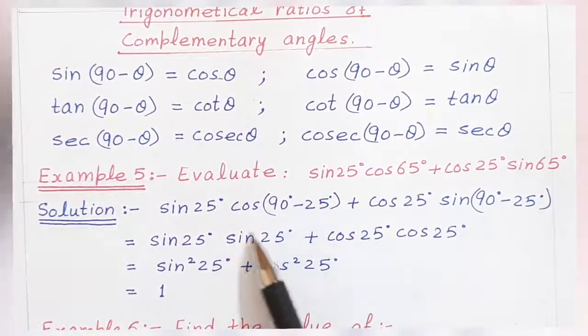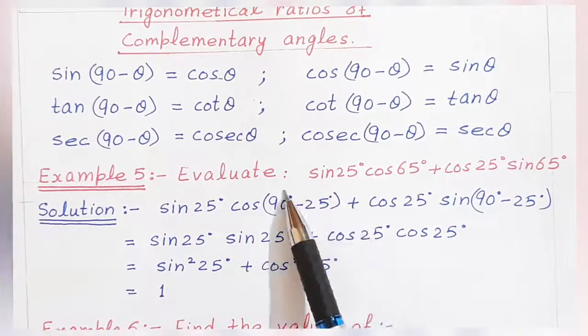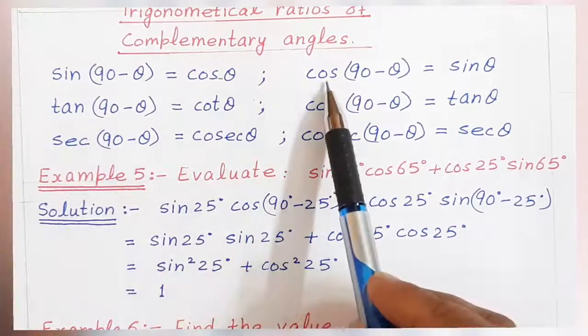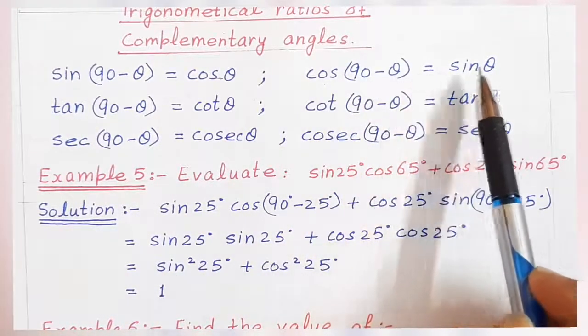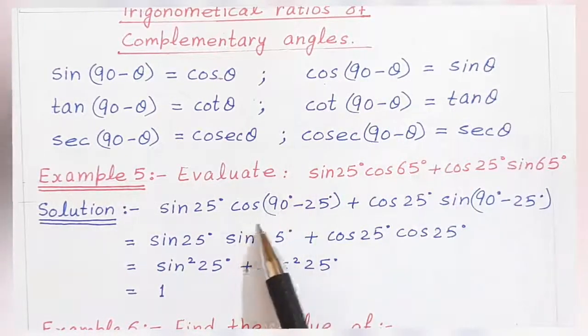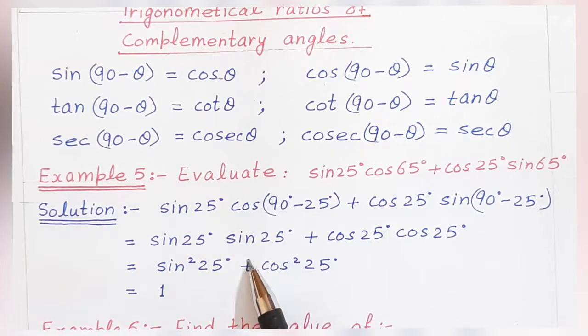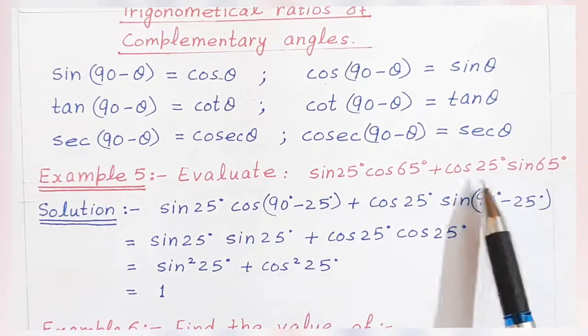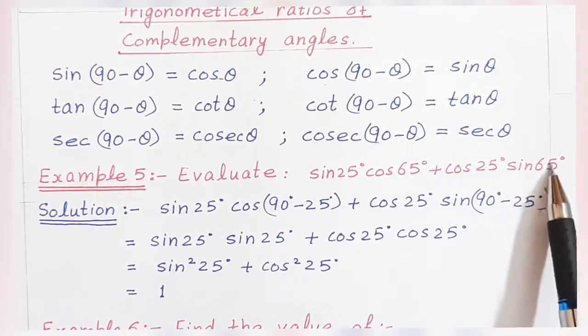Now this is a complementary angle. We know that cos 90 minus theta is sin theta. So cos 90 minus 25 is sin 25. Clear? Now, see cos 25 and sin 65.